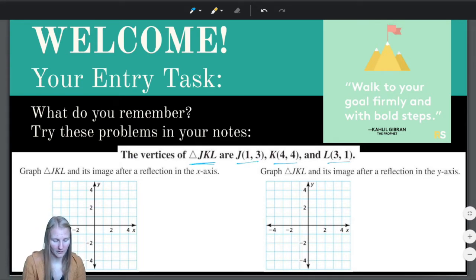We want to graph JKL and its image after a reflection in the x-axis and after a reflection in the y-axis. So, first thing, let's graph JKL in the coordinate plane.